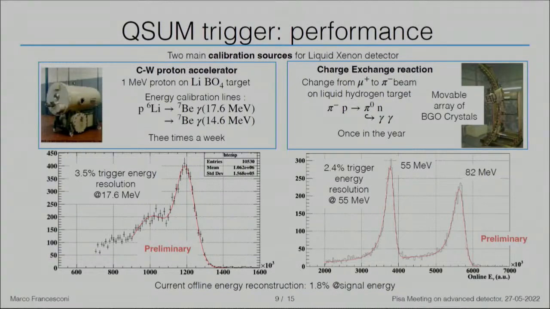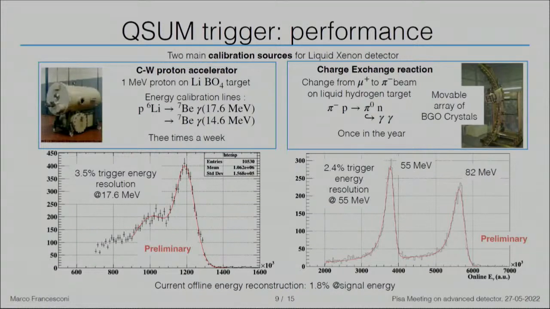We have two main calibration sources in the liquid xenon detector. One is this CW proton accelerator that smashes a 1 MeV proton on a lithium tetraborate target and therefore produces 2 gamma lines. This is done about 3 times per week. You can see here the reconstructed spectrum at the trigger level.